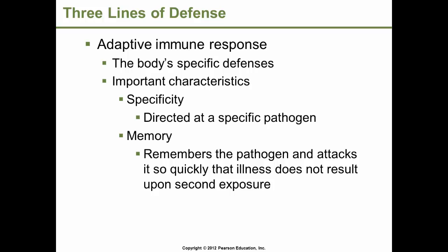So for specificity, it would be such as going to attack the cold virus and not the measles virus, or so on. So it is both specific, and once it has been introduced to it, will mount a much faster response upon a subsequent encounter.